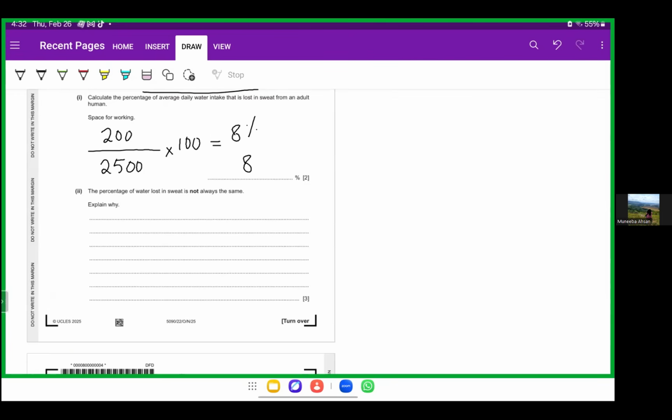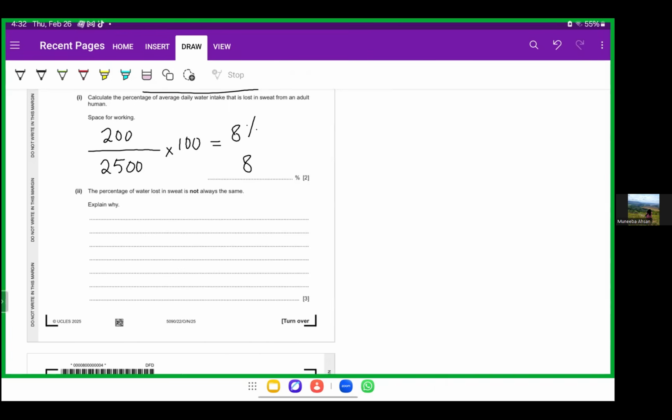So basically the purpose of sweating is to maintain your constant body temperature. It is not like you will sweat and lose 200 cm cube of water daily, right? It's always that your body needs to maintain a core temperature inside your body via homeostasis.